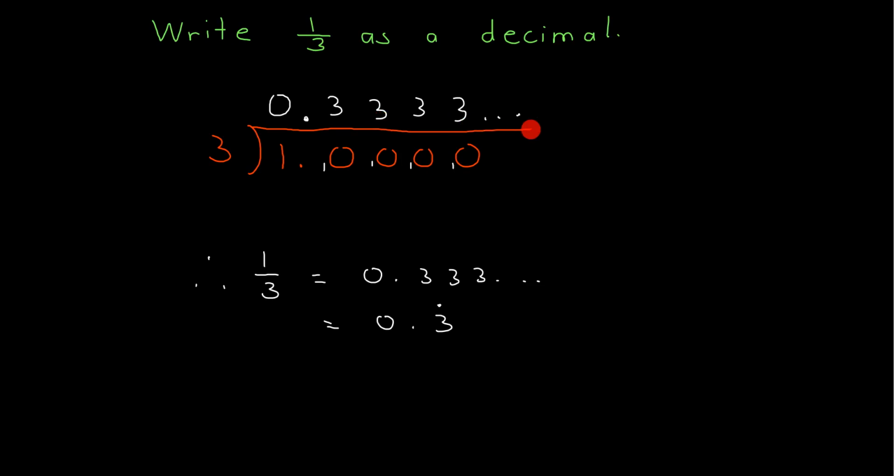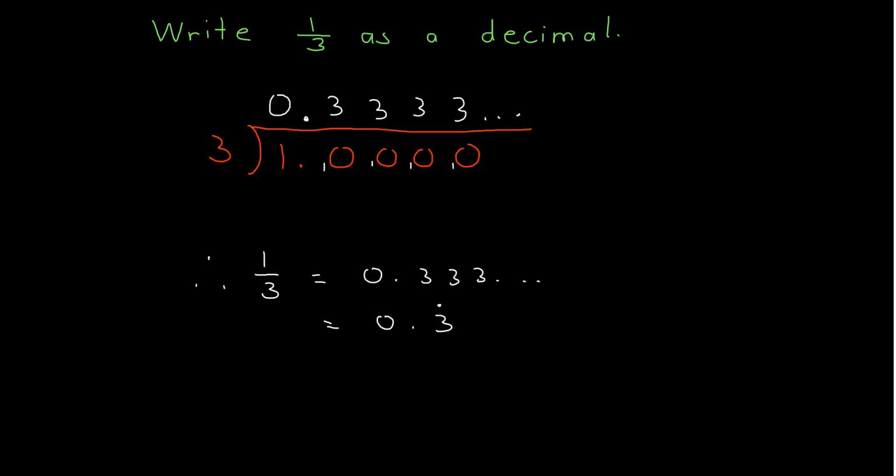It goes on forever and ever. So 1/3 equals 0.333 forever, which I write as 0.3, and I put a little dot above the 3 to indicate that the 3 keeps on going forever and ever.